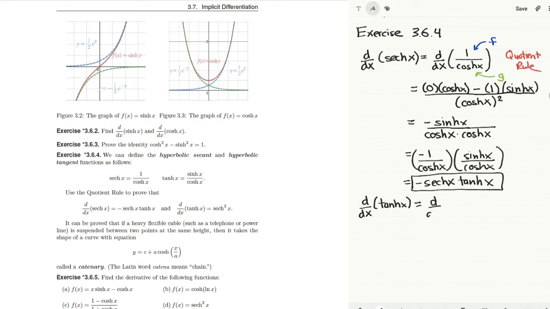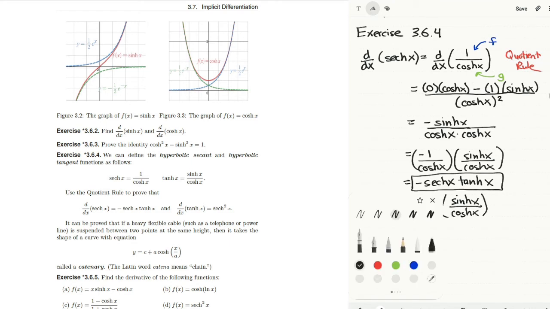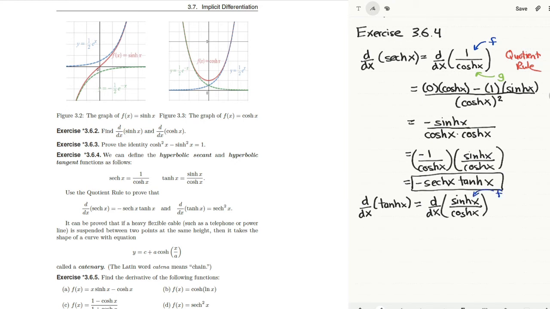Hyperbolic tangent, by definition, is sinh over cosh. So here we're going to use the quotient rule. So our f is sinh and our g is cosh.